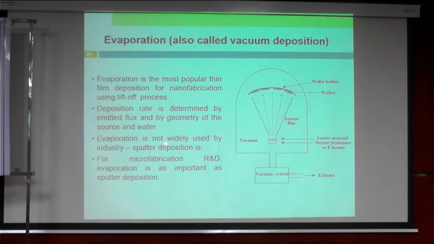Evaporation is not widely used by industry because sputter deposition is much better in terms of quality and control of thickness, etc. For microfabrication R&D, evaporation is as important as sputter deposition, because in a vacuum it is much easier in terms of setup, and it's much cheaper in comparison with a sputtering machine.